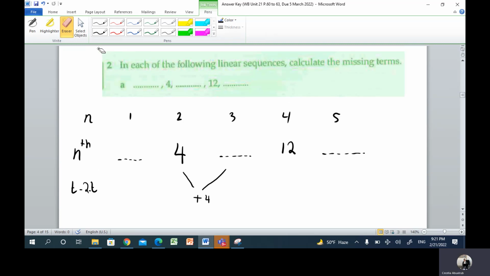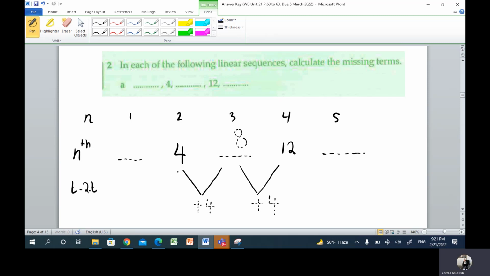All right, so if I'm adding to this term plus 4, it will be 8. And then if I add once again plus 4, the answer will be 12, right?